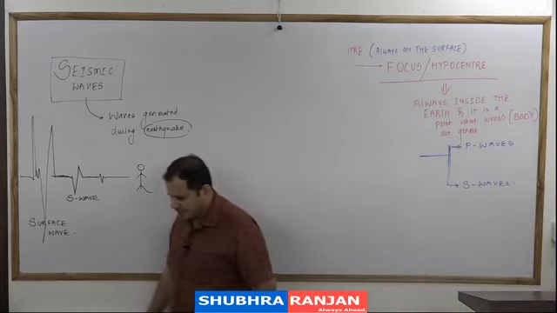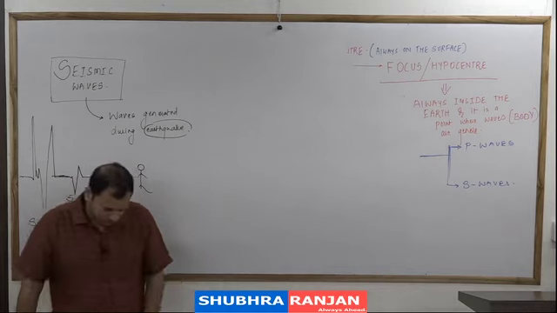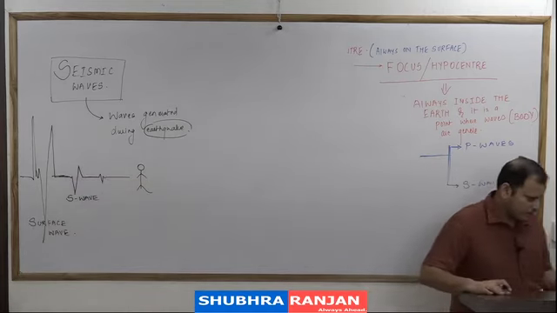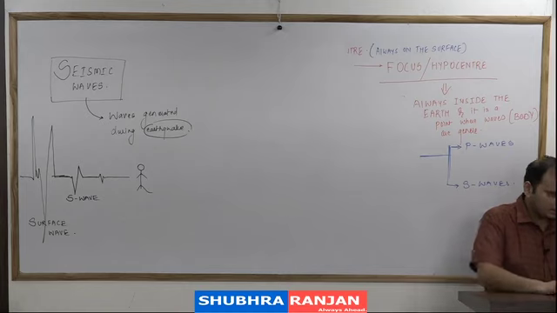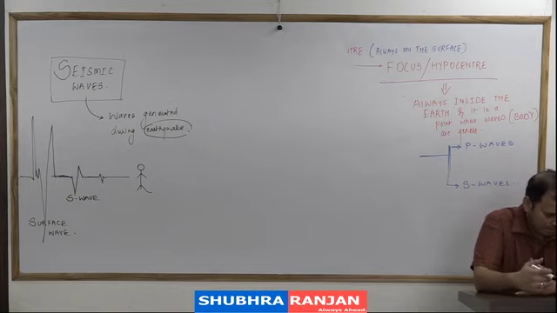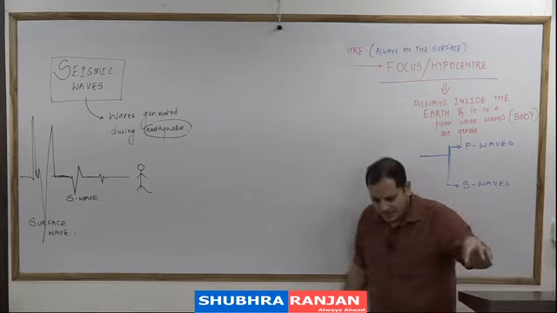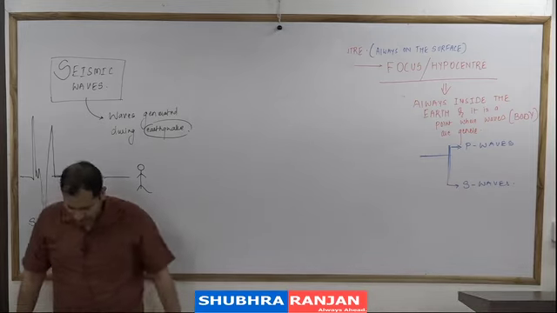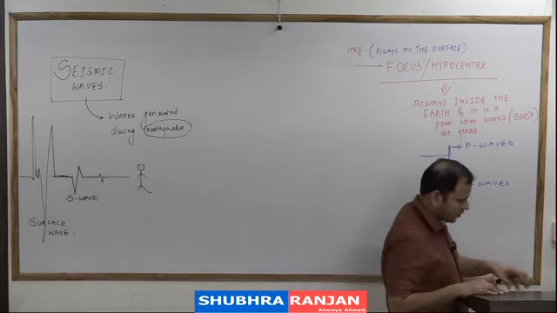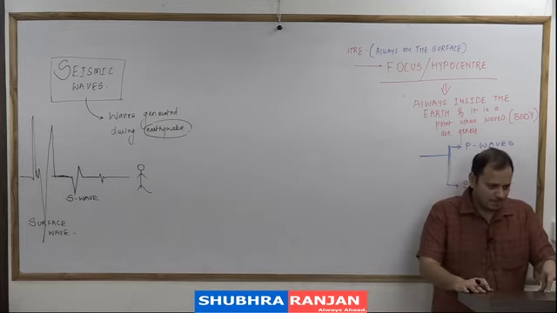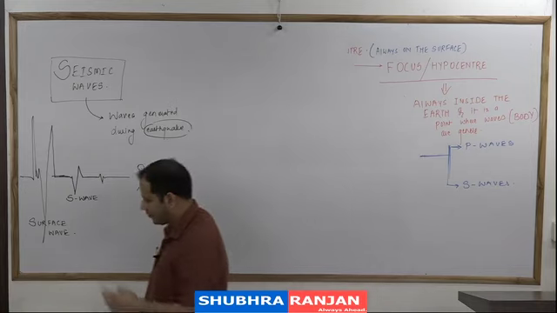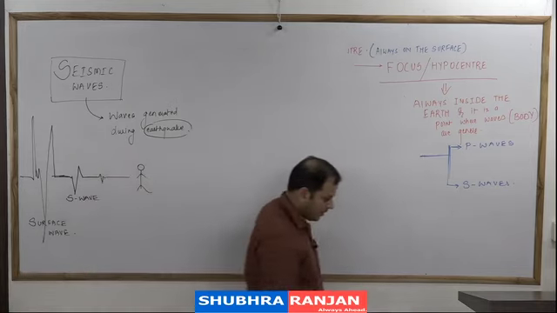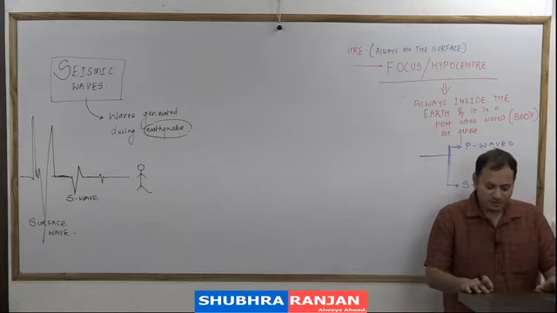The speed, direction, and the interaction of the body waves are the best sources to study the layered structure of the interior of the earth.